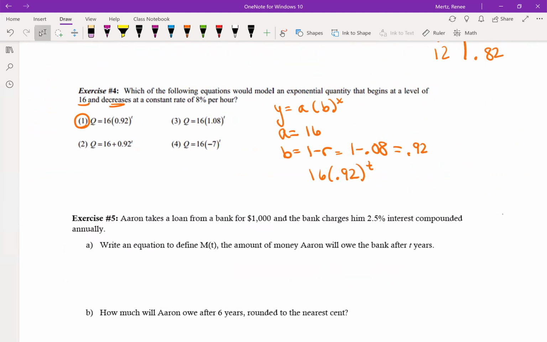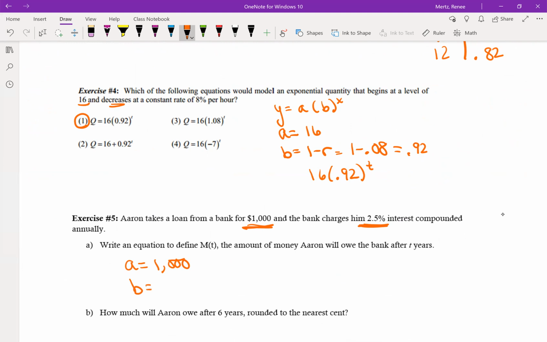Exercise 5. Aaron takes a loan from a bank for $1,000. So that's our initial. The bank charges him 2.5% interest compounded annually. Write the amount of money Aaron will owe the bank after t years. So we know the initial value is 1,000. Is he increasing or decreasing the amount he owes?